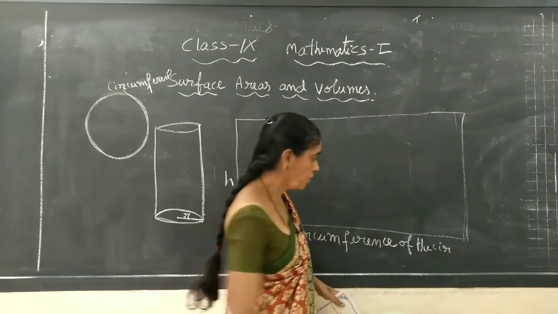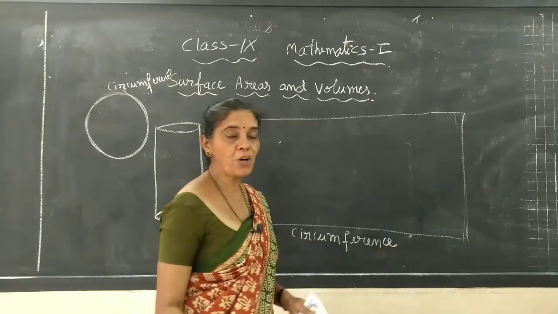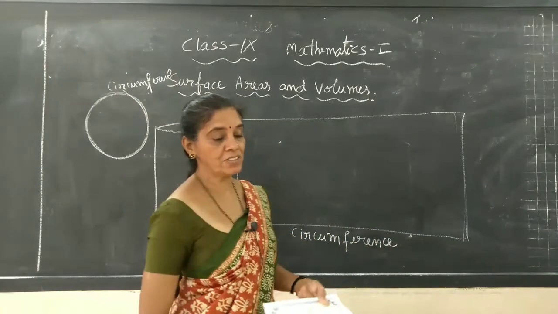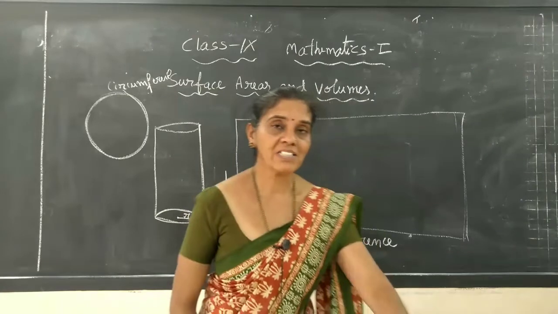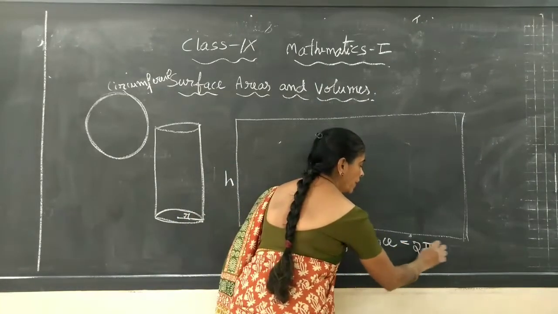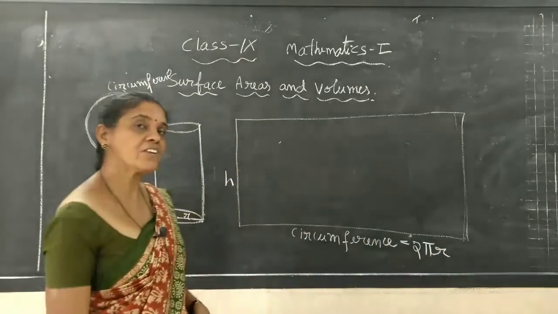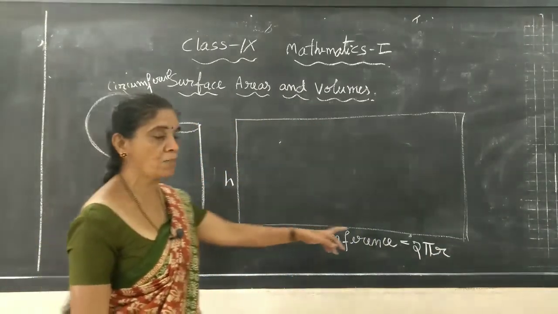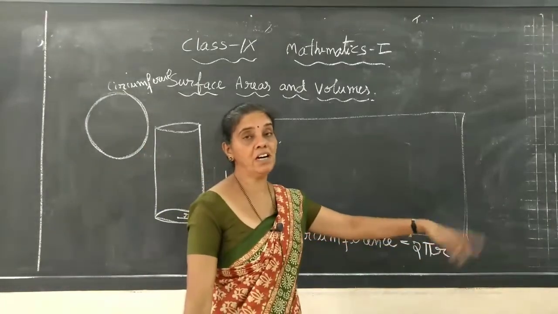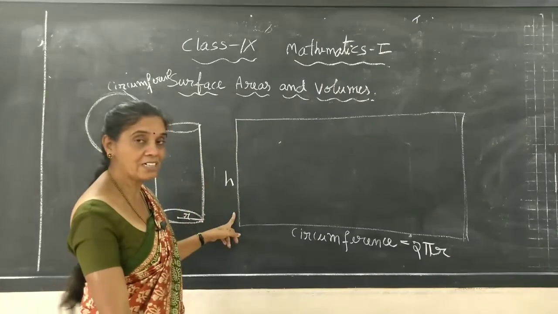Circumference, okay. Now circumference has a formula. What is the formula of circumference? If the radius is R, it is given by the formula 2 pi R. And here the height is the other side of the rectangle.